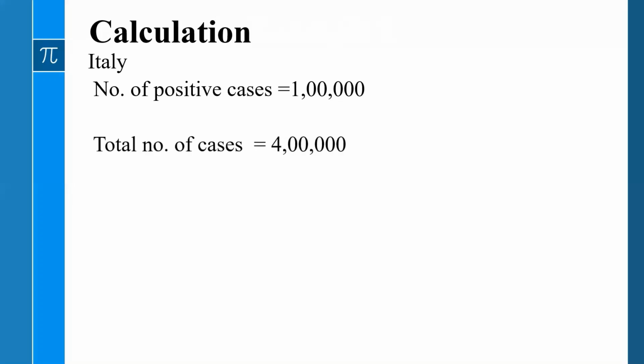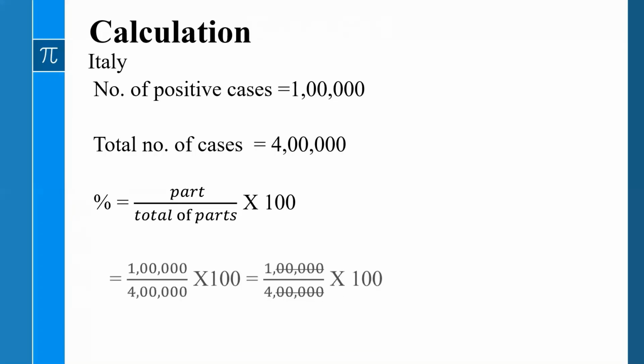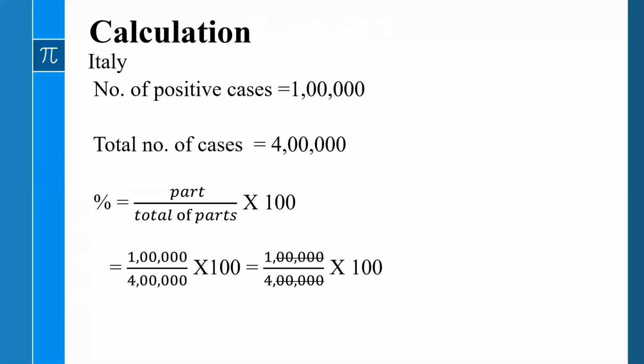Total number of cases are 4 lakh. So, first finding out the percentage, you know that percentage is equal to part upon total of all parts multiplied by 100. Here, part for Italy is 1 lakh divided by 4 lakh multiplied by 100.